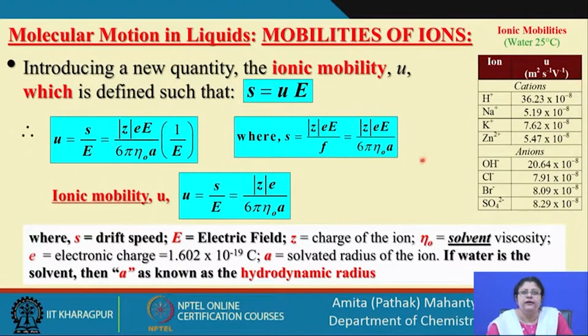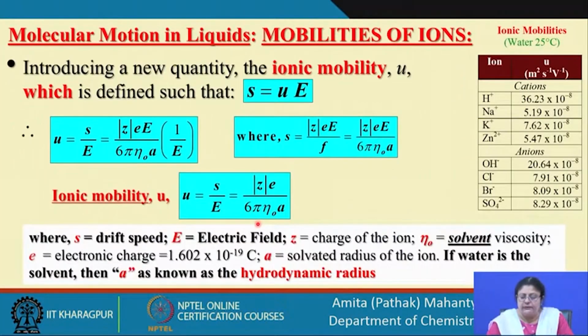So, E will not be there in the expression. What we are getting here is U = Ze/6 pi eta A, where S is the drift speed, capital E is the electric field applied, Z is the charge on the ion, eta naught is the solvent viscosity, small e is the electronic charge and A is the solvated radius, right.